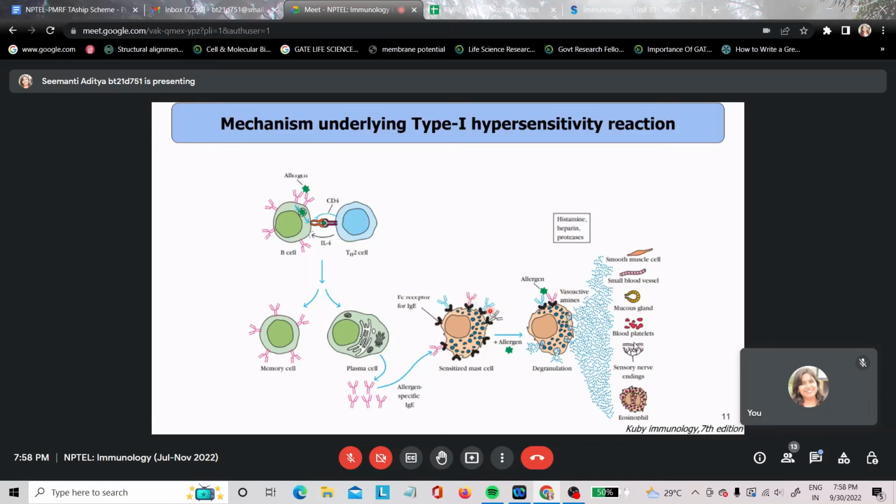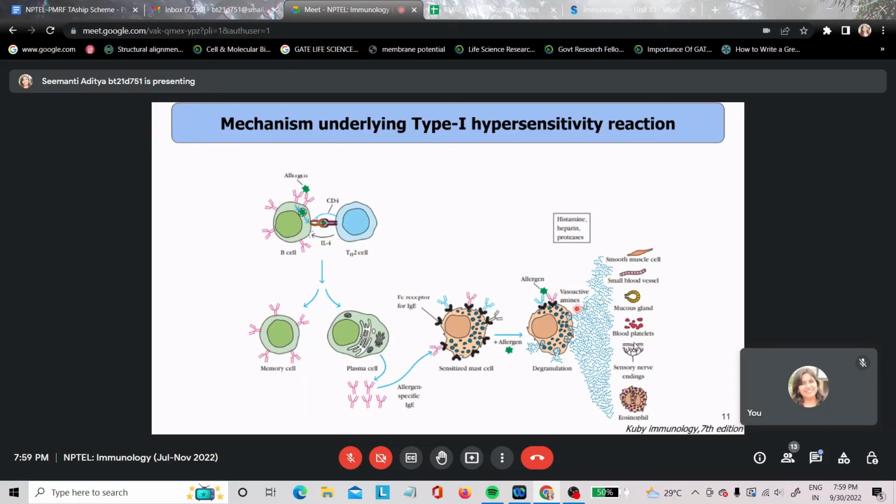These IgE molecules are separated, and when the allergen binds to them, they show cross-linking, and this cross-linking results in degranulation, or release of molecules like histamine, heparin, proteases, and prostaglandins. These molecules are associated with different kinds of effector functions like pain, inflammation, redness, swelling, etc.